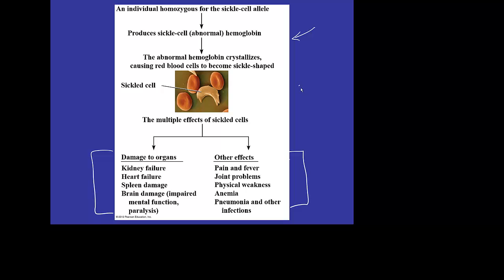Remember, red blood cells' job is to carry oxygen. If it can't deliver oxygen because it's the wrong shape, you end up with all kinds of associated conditions with low oxygen supply.